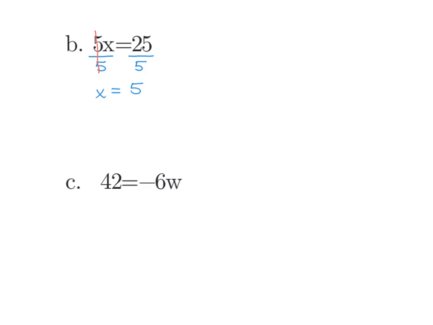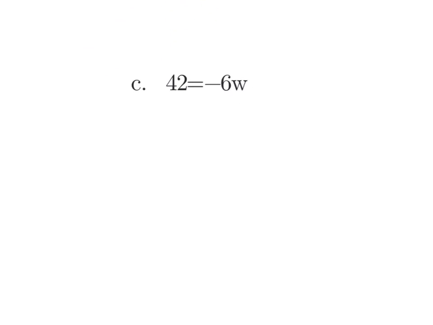Okay, let's go ahead and bring in some negatives now. Example C, we want to get w by itself. To get w by itself, I want to get rid of the negative 6. So this is negative 6 times w. I'm going to divide by negative 6. Note that we do not change the sign. We divide by whatever the coefficient is.